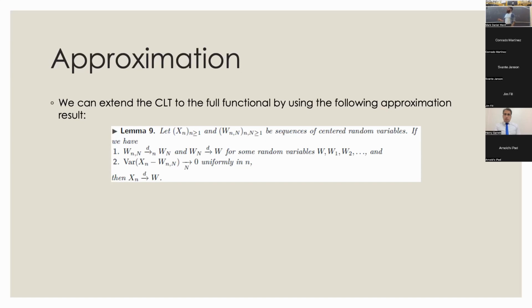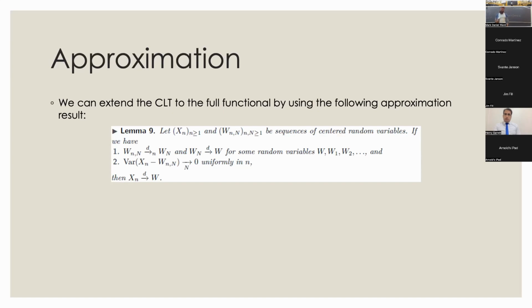We center and normalize these random variables, and if we have convergence in distribution for each of the simpler functionals, then overall we essentially only need to check that the variance of the difference between the full functional and the simpler functional converges to 0 uniformly in n.